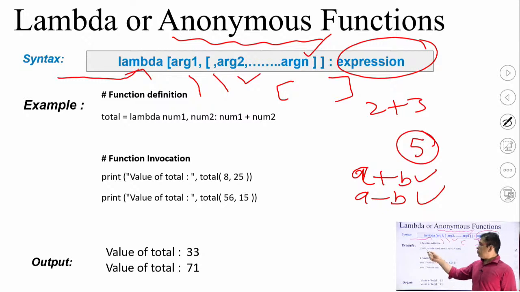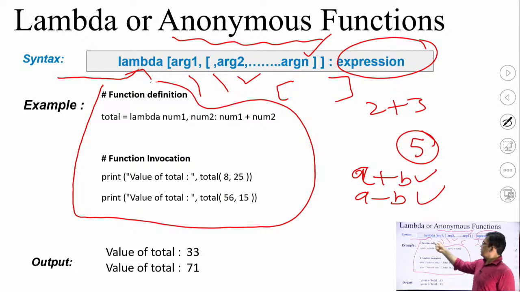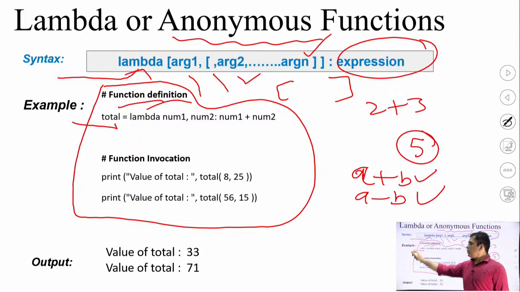So let's come to the example of this anonymous function. The example is written inside this box. First of all, I have defined the function. This is the comment line because it starts with the hash symbol. I have taken a variable total. Total is equal to lambda.